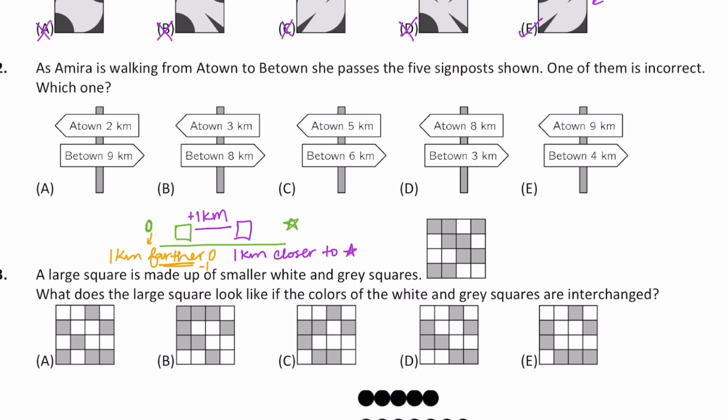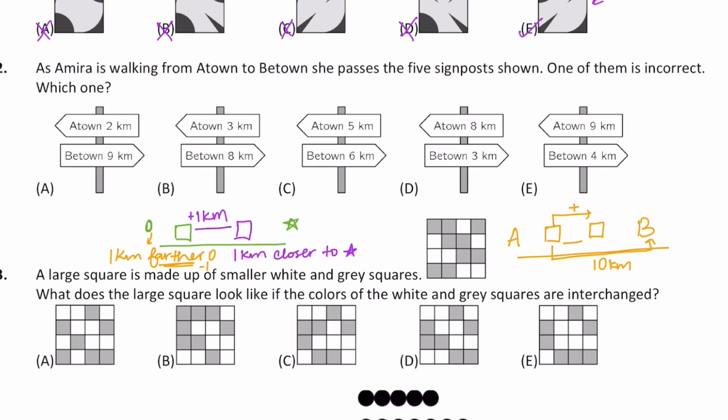Okay, so in this case, if we have A town and a B town, and we have different signposts, if we are walking towards town B, that means we are adding distance from where we were from town A. But when we look back and we look at how much closer we are to town B, it'll be subtracted, because eventually, let's say from this signpost, town B is 10 kilometers farther.